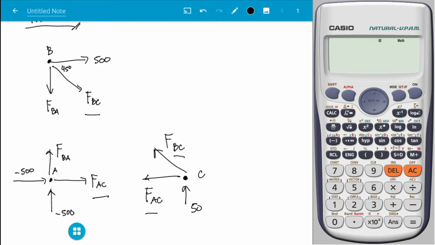Di ba? Kasi dalawa lang yung unknown sa joint C. So, you can actually consider joint C to solve for BC and AC. Now, if na-solve mo na yung BC and AC, yung kulang na natin is yung BA, di ba? So, you can just consider either B or A to solve for the bar force AB.